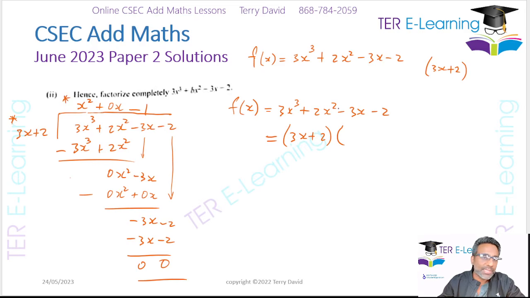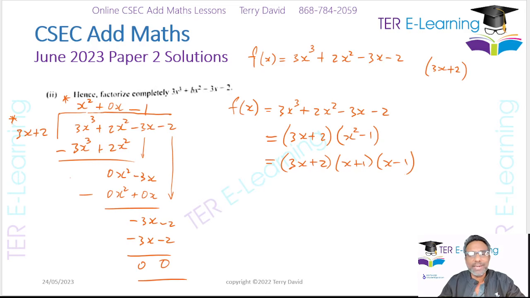Now we're going to exclude the 0x. So this is going to be x squared minus 1, and x squared minus 1 is the difference of two squares. So therefore, these are all the factors here. This will be x plus 1, and this will be x minus 1. So when it said fully factorize or factorize this thing completely, there's the answer here.